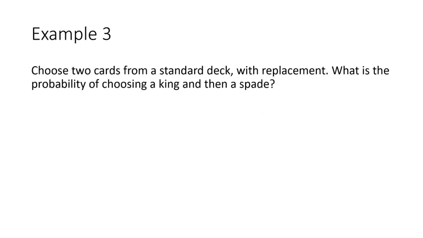So, this should be example 4. It looks like this is example 3B, right? Choose 2 cards from a deck with replacement. What is the probability of choosing a king and then a spade? So these are 2 separate events.